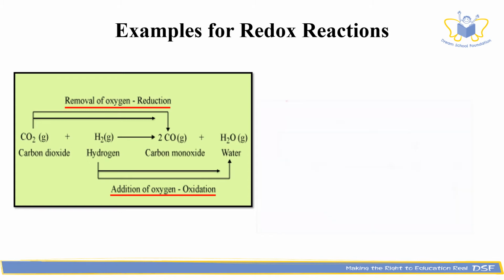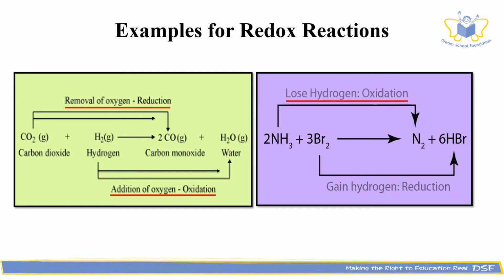In the second block example, loss of hydrogen is called oxidation, gain of hydrogen is called reduction. Here in the chemical reaction, ammonia is oxidized to nitrogen and bromine is reduced to hydrogen bromide. These are the examples of redox reactions wherein oxidation and reduction take place simultaneously.